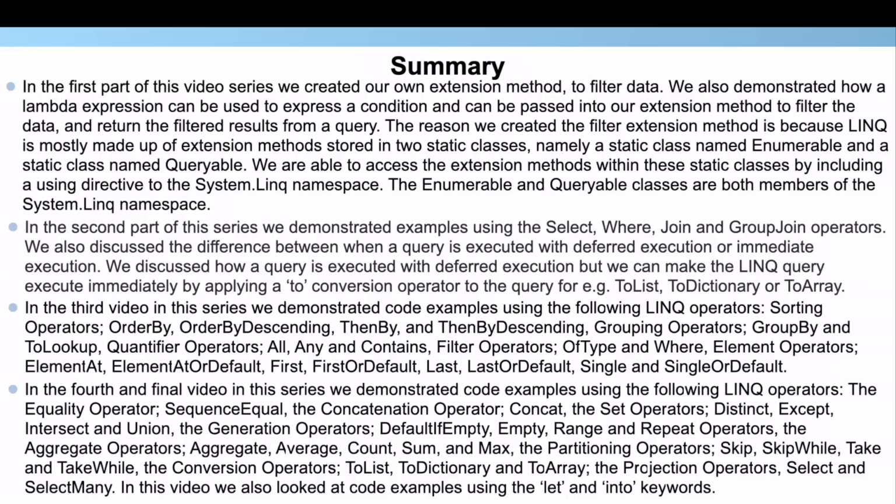The aggregate operators: Aggregate, Average, Count, Sum, and Max. The partitioning operators: Skip, SkipWhile, Take, and TakeWhile. The conversion operators: ToList, ToDictionary, and ToArray. Projection operators: Select and SelectMany. In this video, we also looked at code examples using the let and the into keywords.